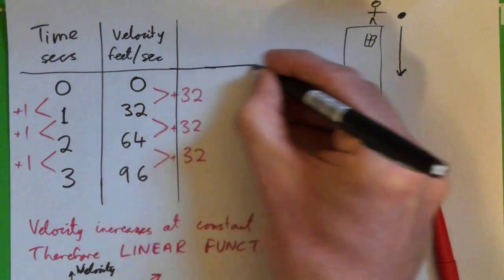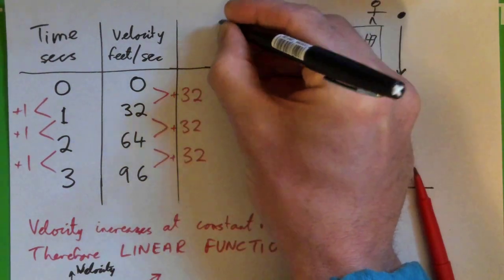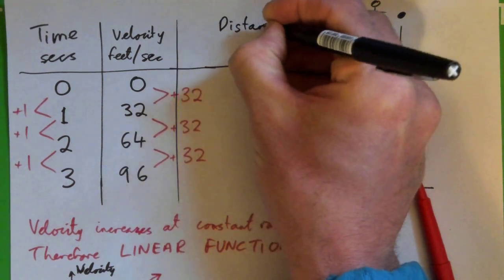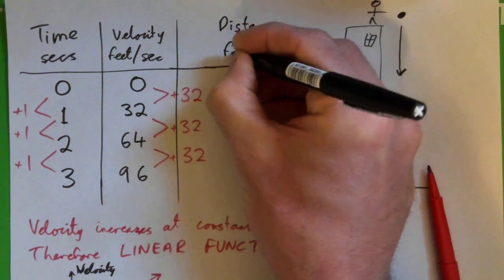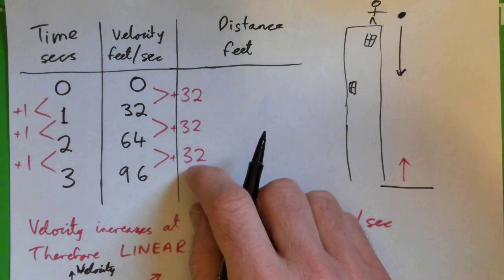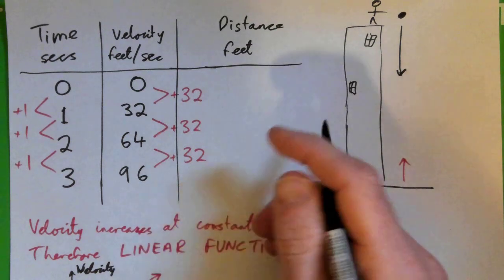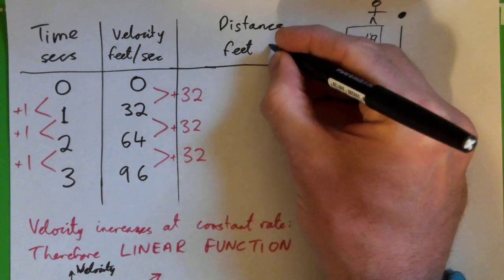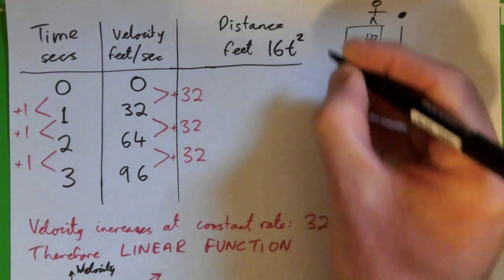Let's look at distance. And distance is just measured in feet. That's it. And we're told that physics tells us the distance in feet it falls is given by 16t squared, where t is time, right?